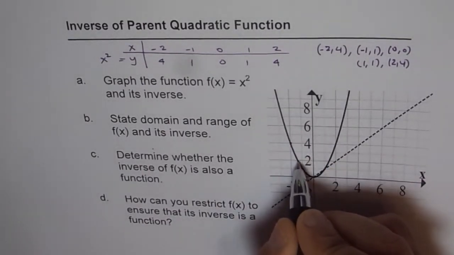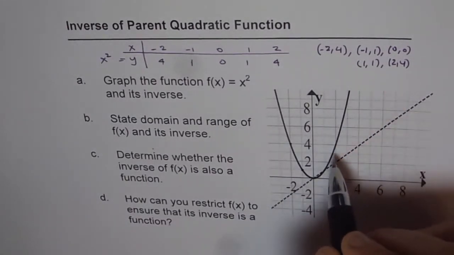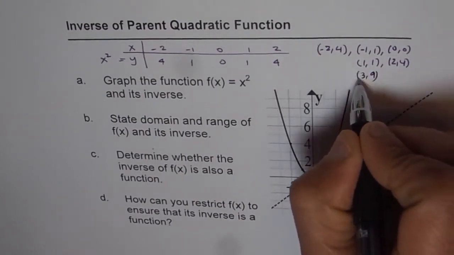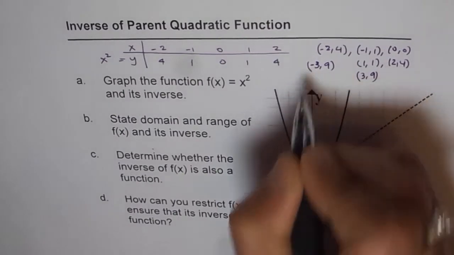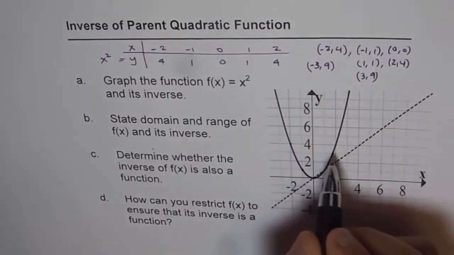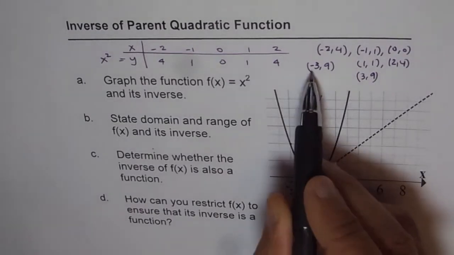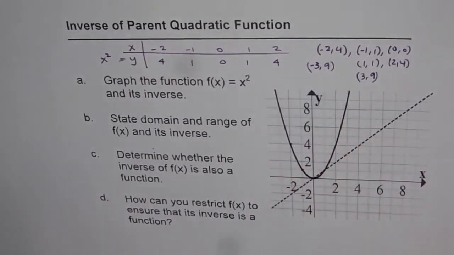Similarly, on the minus side we have our points. We can extend it: 3 squared is 9, and on this side -3 squared is also plus 9. So as you see, this function has even symmetry. Whether the x value is plus or minus, the y value is always positive.